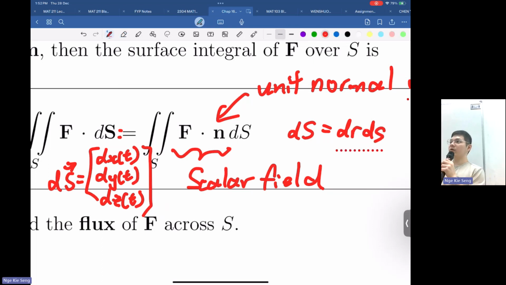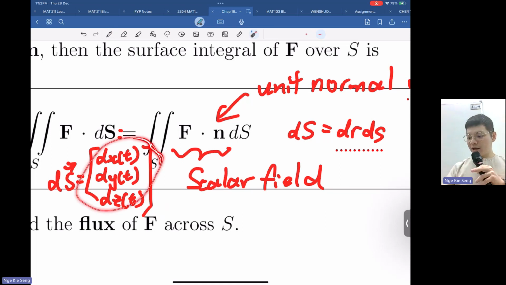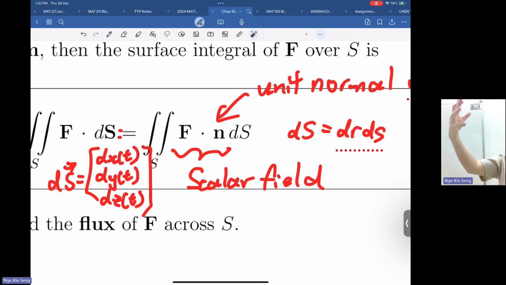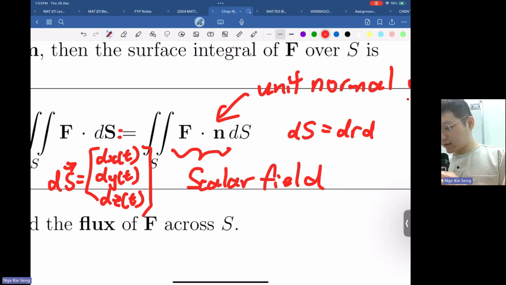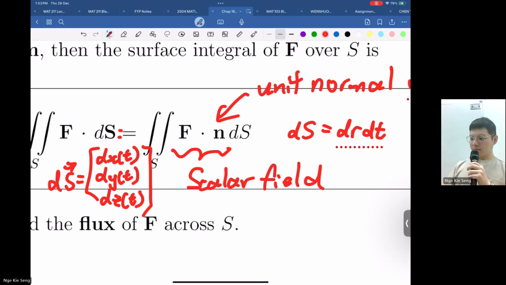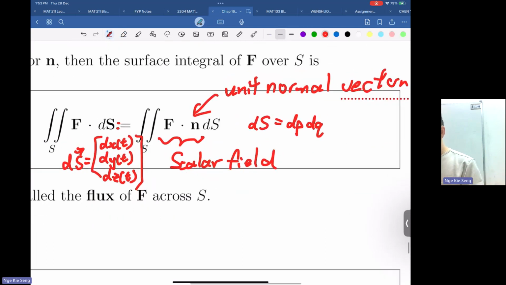Two variables, remember? Our surface is in 3-dimensional. So we have 3 coordinates to explain it, but after parametrizing, we just need to use 2 variables to describe it. Maybe use dr dt, otherwise too many x later. Any question about this? So maybe let me write down one more line.